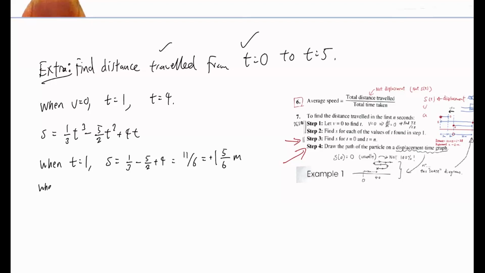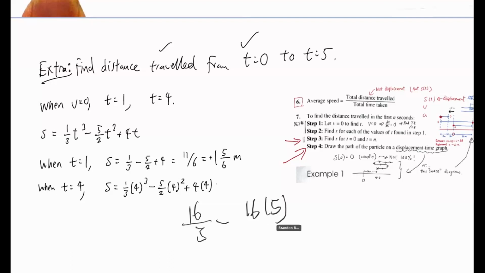Next one, when t equals 4, the next turning point. So get 1/3 times 4 cubed. You get what's going on, right? Following the procedure. Yeah, okay, good. Let's just quickly do that.